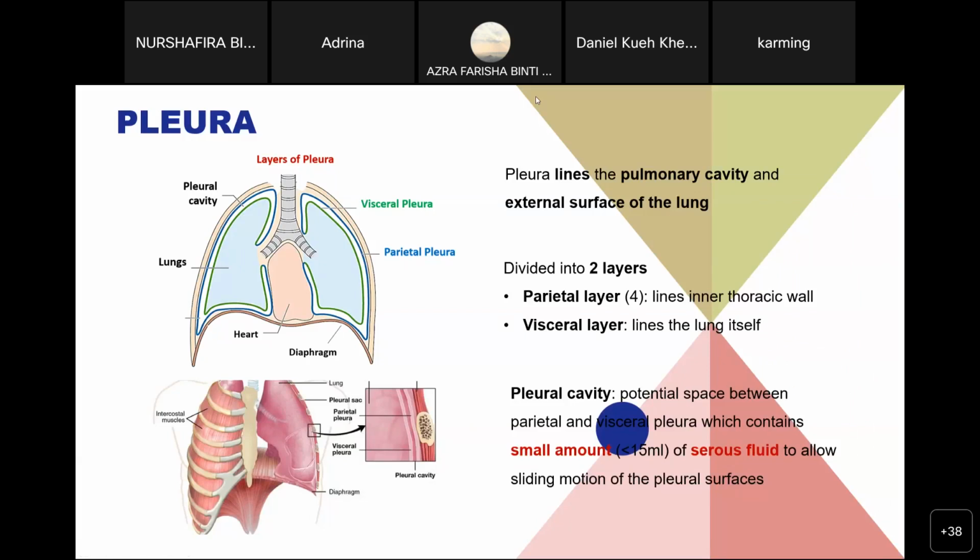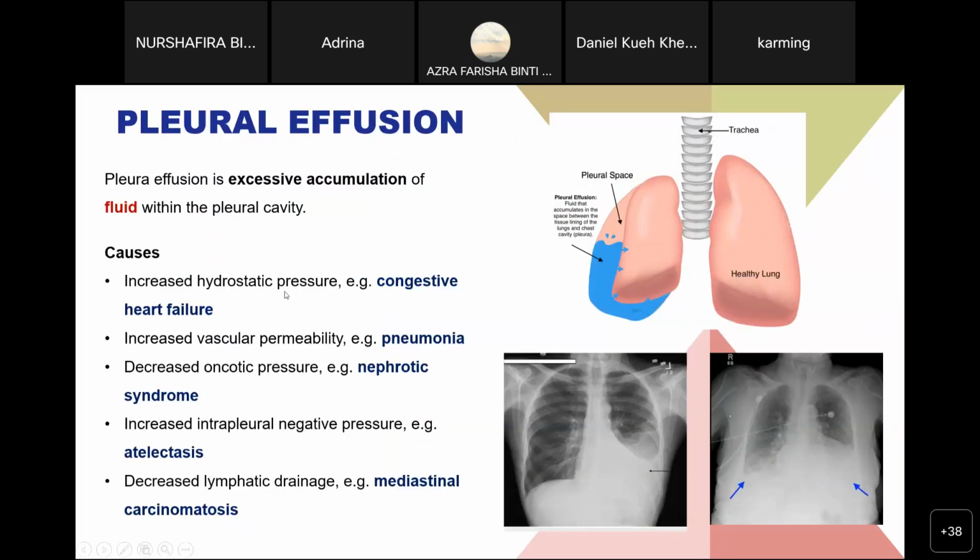Which page, doctor? Okay, regarding the pleural effusion, what is the most important thing you have to know? Either it is exudative or transudative. So can you mention again about Light's criteria? What do you remember about Light's criteria?